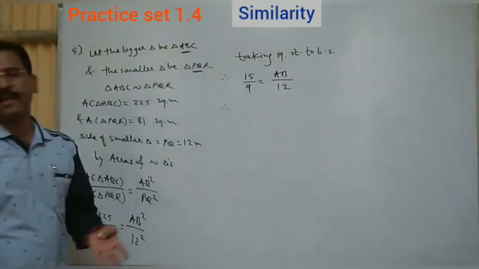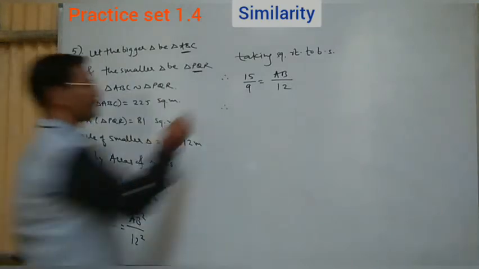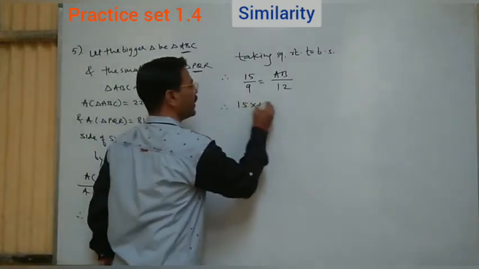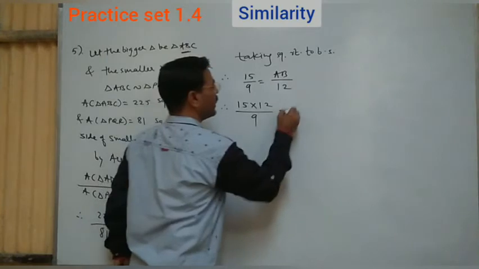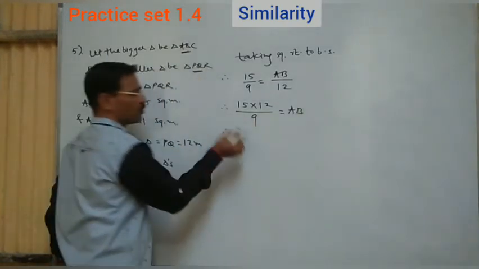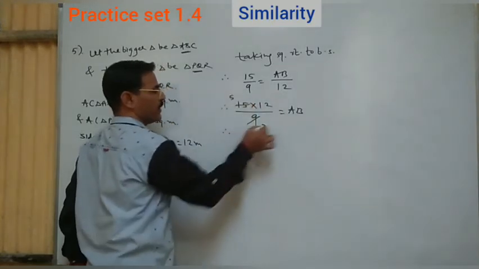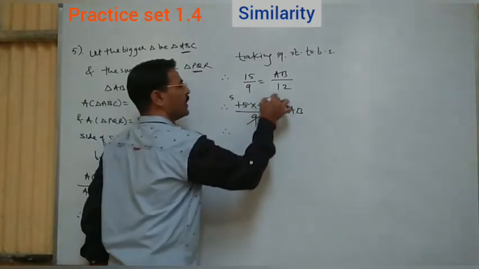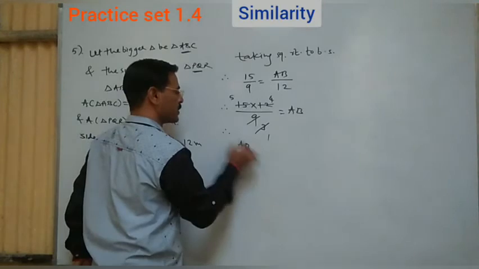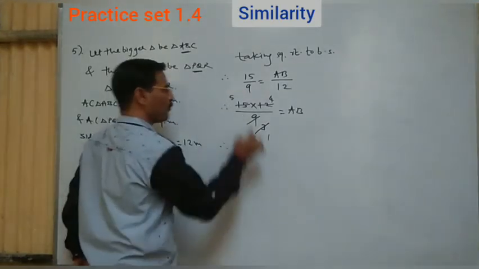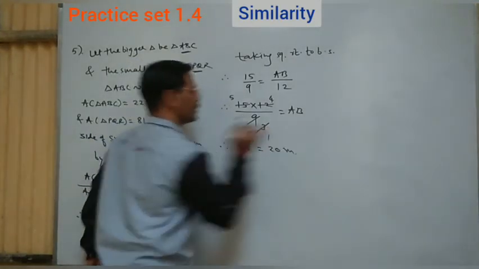Okay. Now for the next part, we'll take the 12 to this side. So 15 into 12 upon 9 is AB. It is divisible: 3 3s are 9, 3 5s are 15, 3 1s are 3, 3 4s are 12. That means AB is equal to 5 4s are 20 meters.